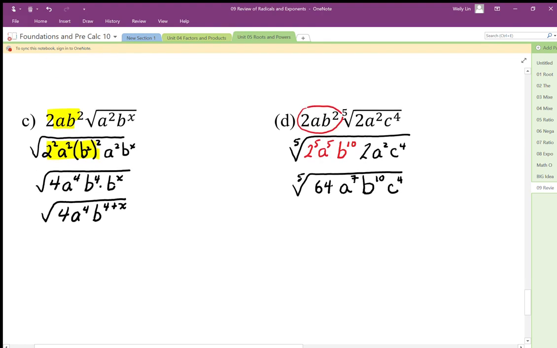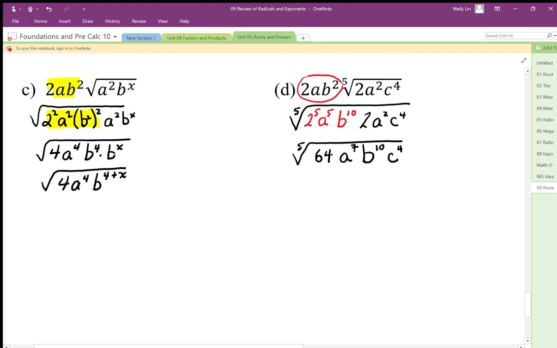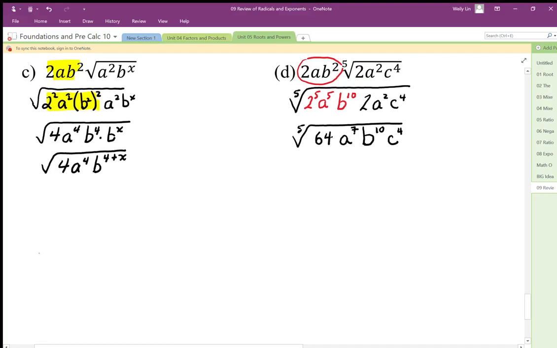I did mention one thing, just to be careful of this. When we have pluses and minuses, we cannot square root. So if I have something like this, 9a squared plus 16b squared plus 16c squared, the plus does not allow us to apply exponent rules.